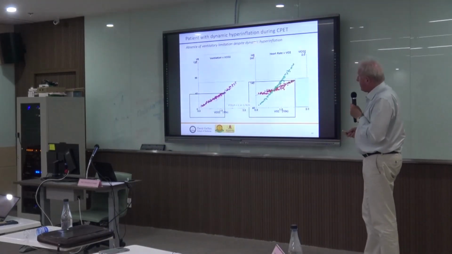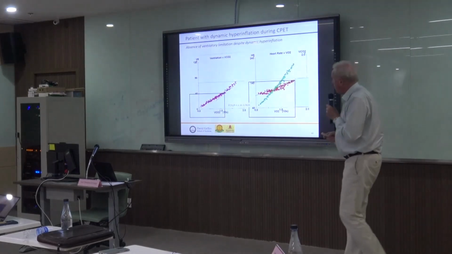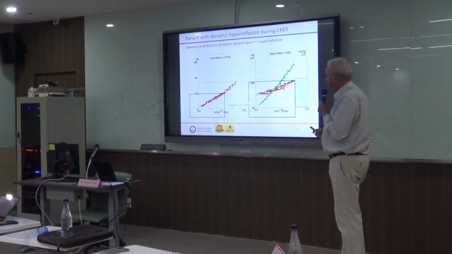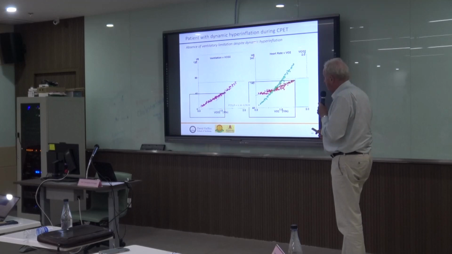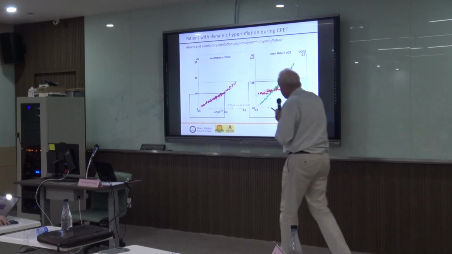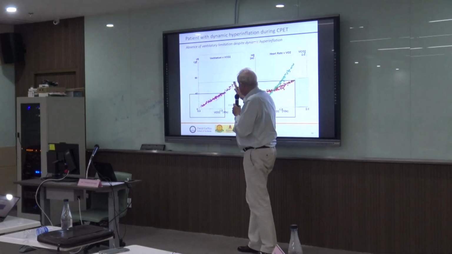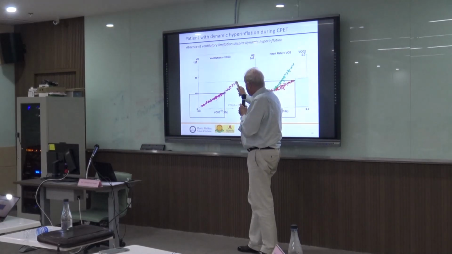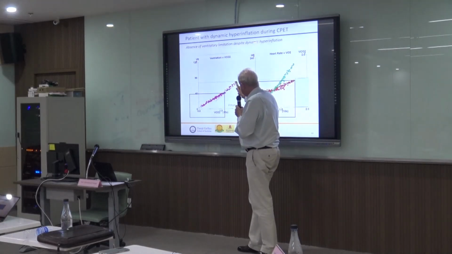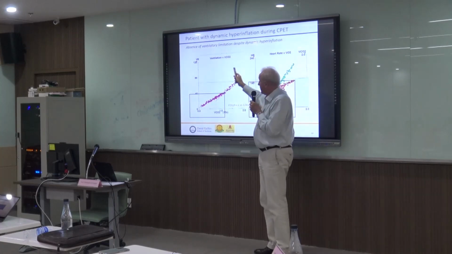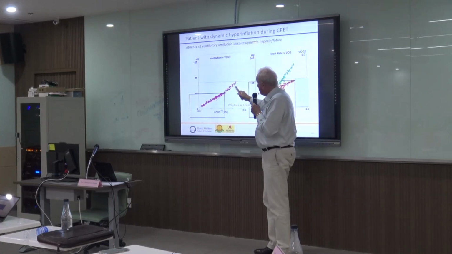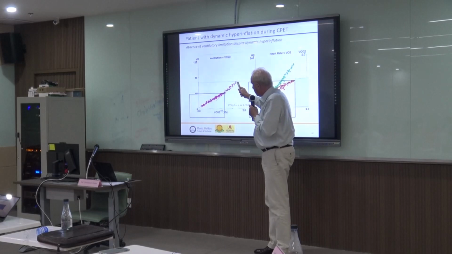Now the same patient doesn't necessarily have to have ventilatory limitation. In this case, the maximum ventilation is, I think, 74 per minute, or 68 per minute, but the ventilatory capacity in this patient was over 100 liters per minute, so there was not ventilatory limitation.